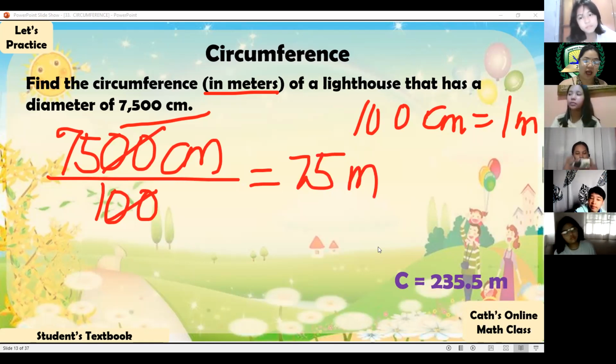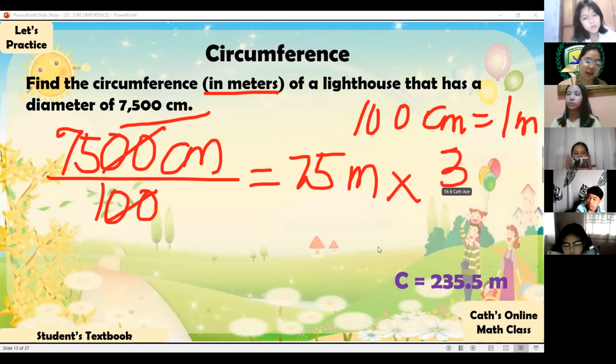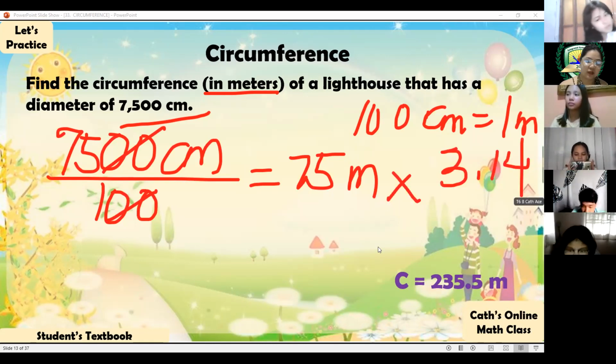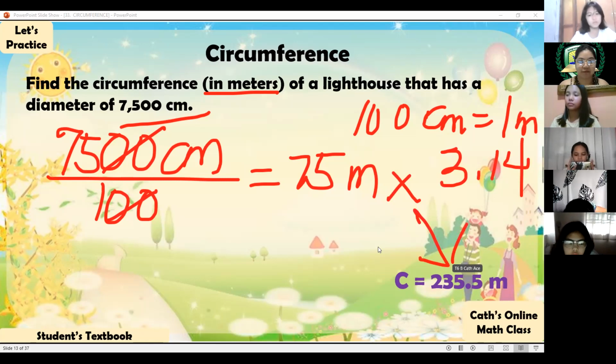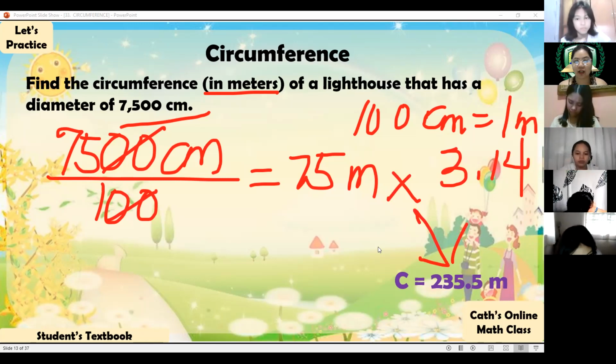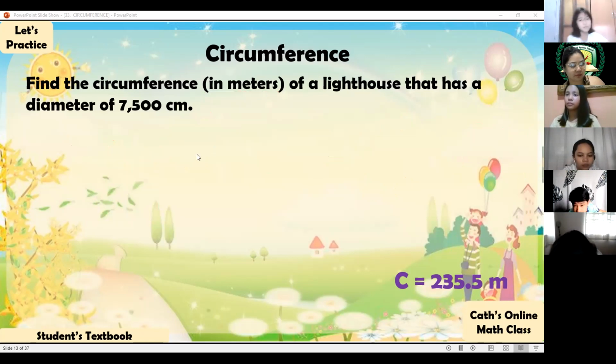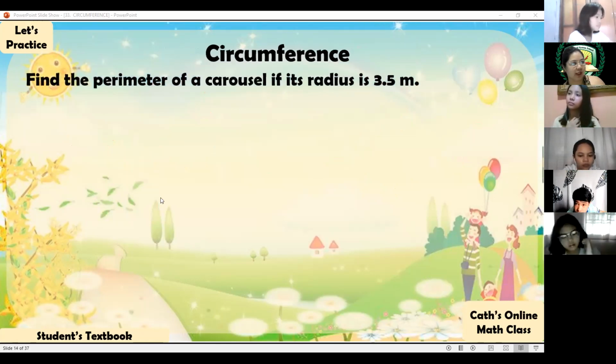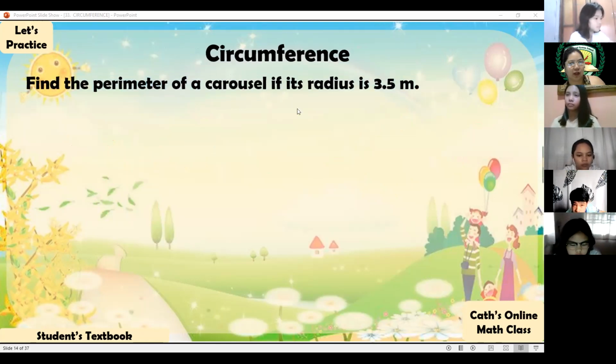Times 3.14, that's why you get 235.5. Mine is different, ma'am. The solution is different, but the answer is the same.